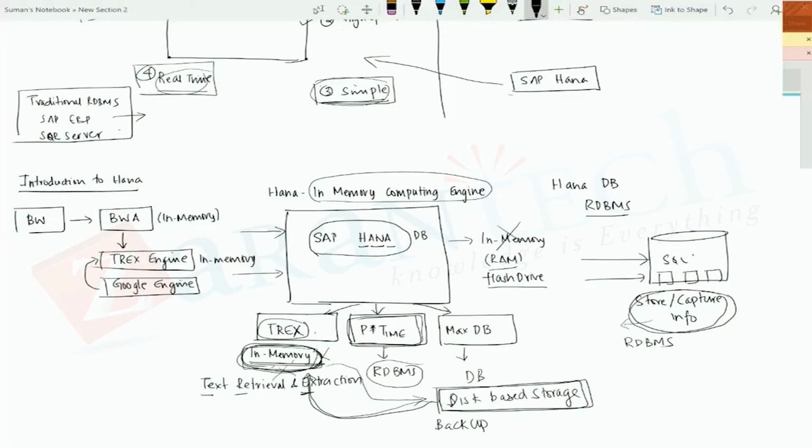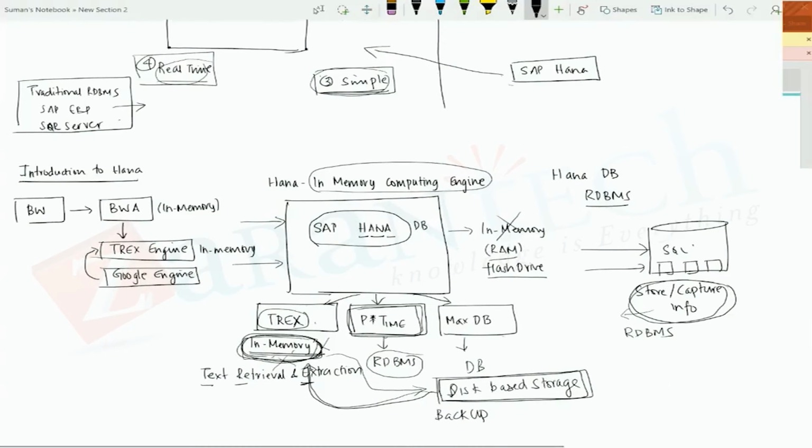P*TIME gives you that traditional capabilities of a relational database management system, and the MaxDB functionality gives you the ability, in the case of any disaster, you still have your data backed up in a traditional disk-based storage system. So these are the things that comprise, or come together to bring, the SAP HANA product in the market.